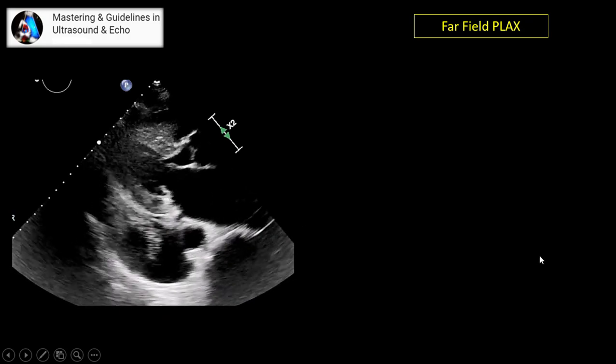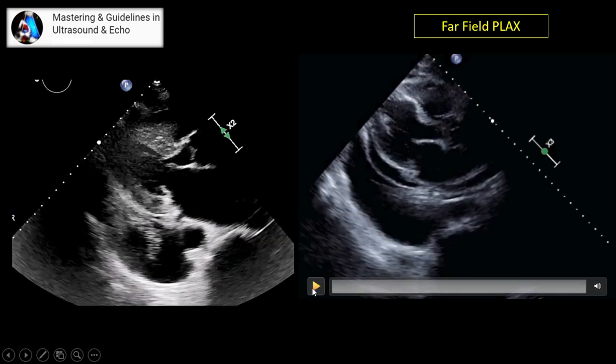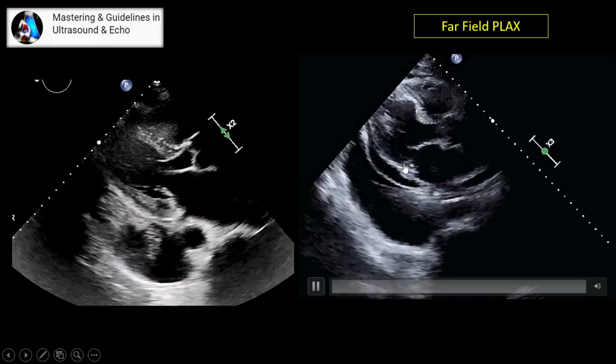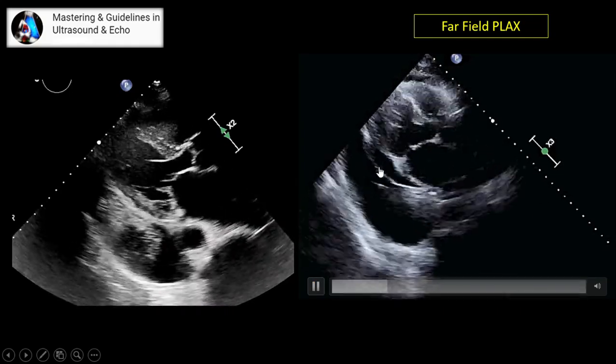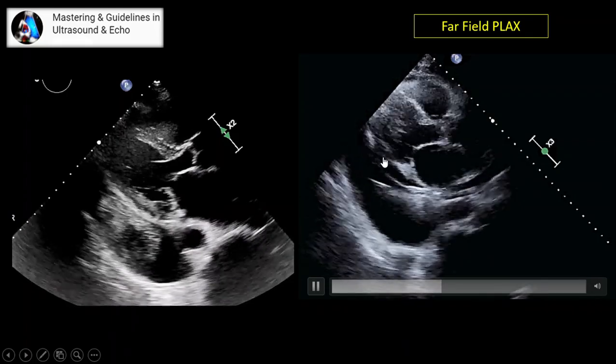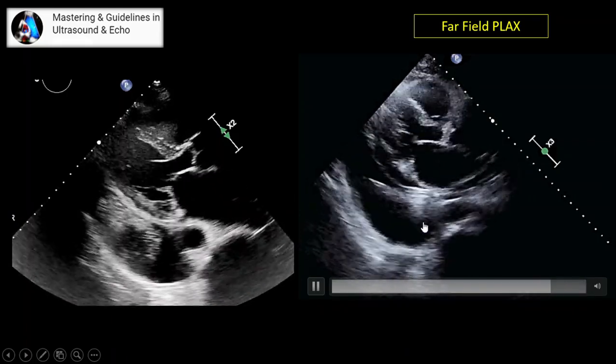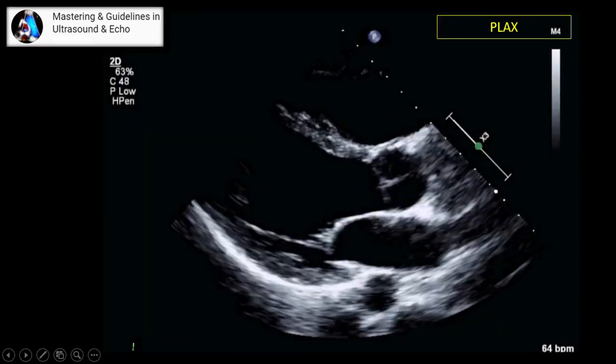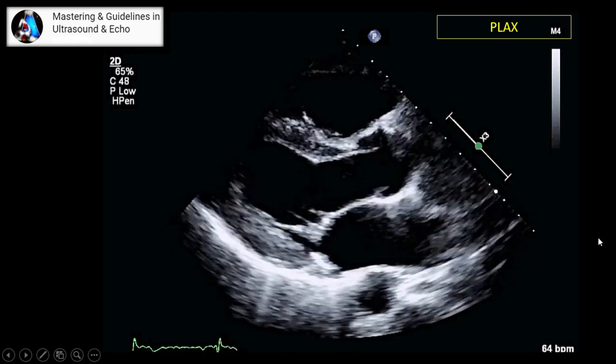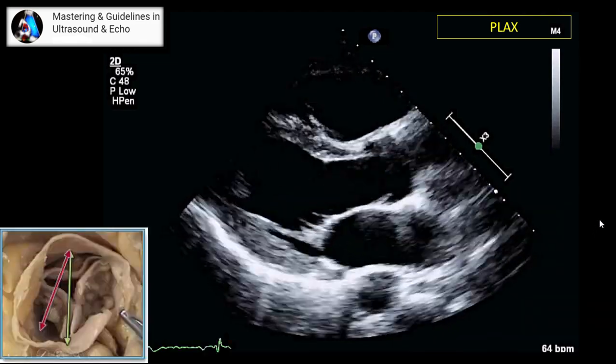In these other clips, as you see, we have both fluids. This one is anterior to the aorta, so this will be pericardial effusion, and the other one is pleural effusion. After we rule out any fluid around the heart, the image is a classic PLAX view.